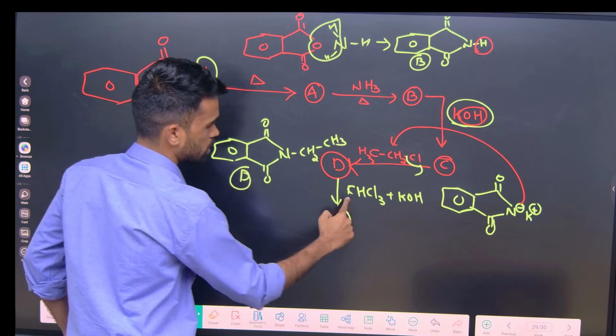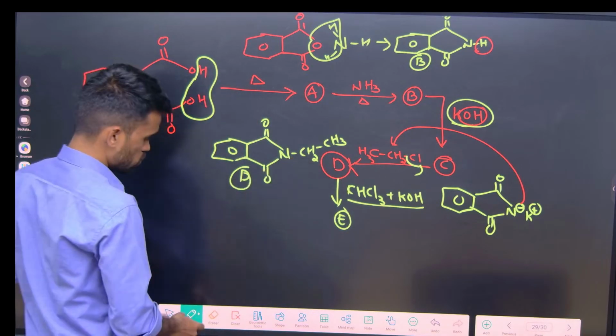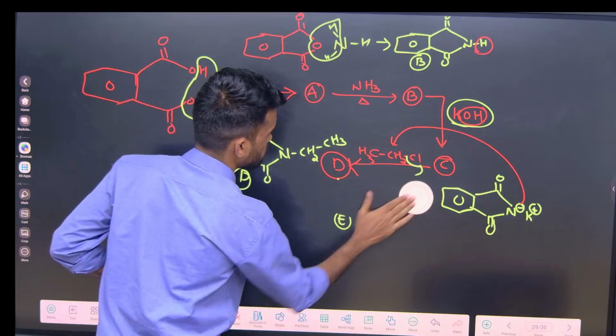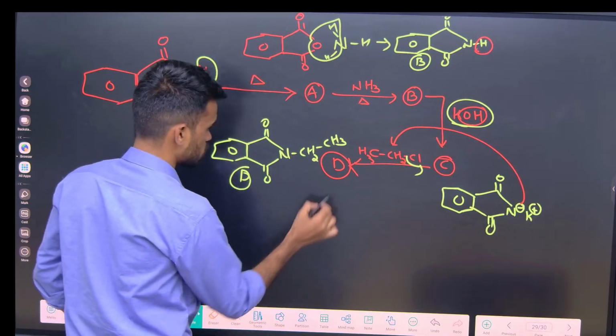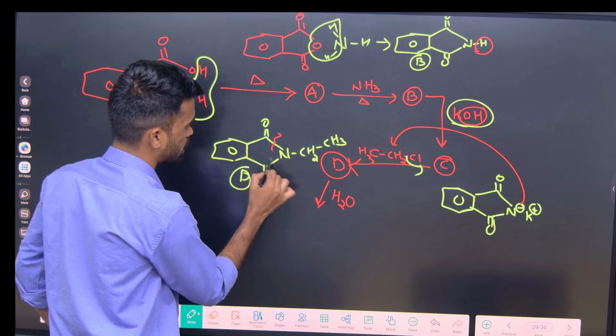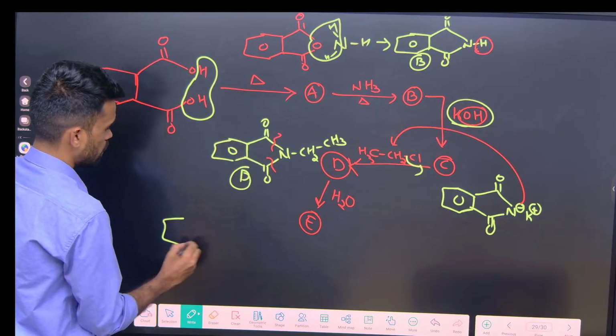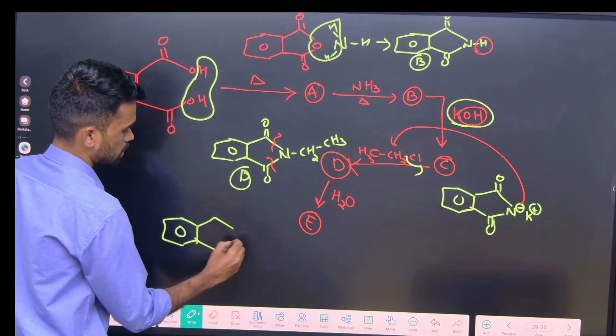So D has to be hydrolyzed here. Okay, now what happens upon hydrolysis? Bond breakage takes place and gives you E. So E can be written like this.